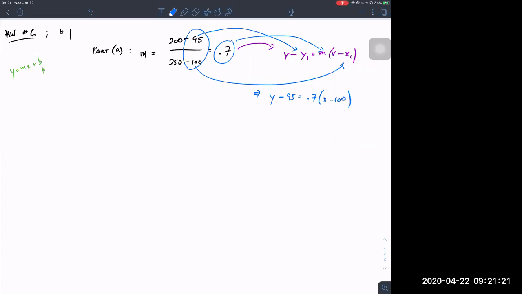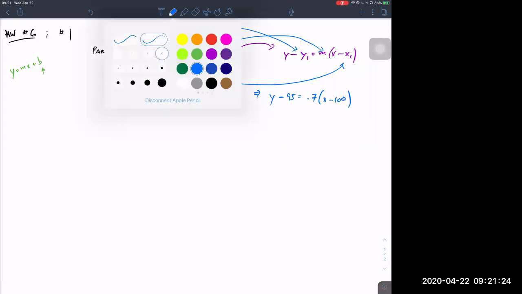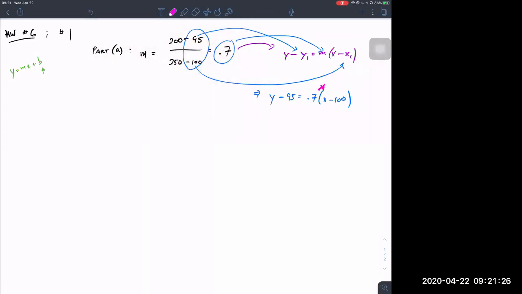Okay, so the first mistake students make here is they forget to distribute this part right here, right? Because then it becomes y minus 95 equals 0.7x minus 70, and then you add the 95 over, and that's how you get the cost function that's in the answer or appendix section. So let me write that out really quick: 0.7x plus 25.